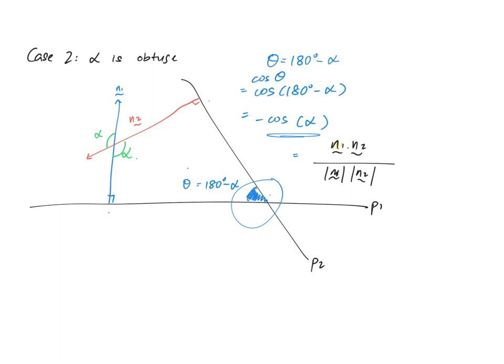So in order to get the correct answer, the acute angle, we have to take the magnitude, the modulus of it, which brings us to the formal result. The formal result is like that: the angle between two planes, we always find the acute angle. This angle, cosine theta, will be defined as the modulus of n1 dot n2 over the magnitude of n1 and n2.